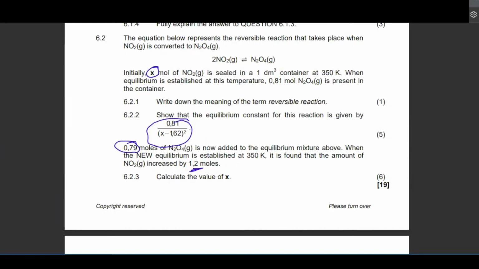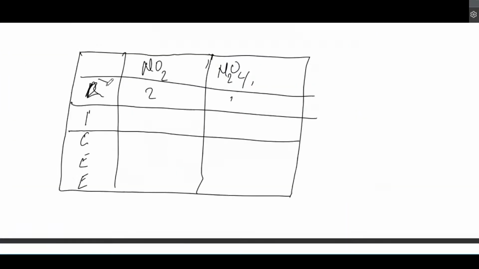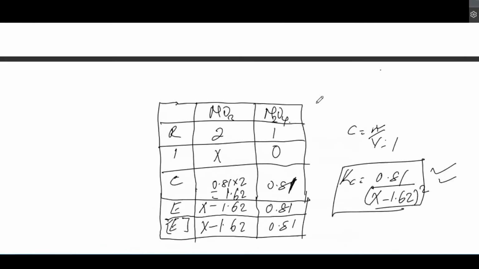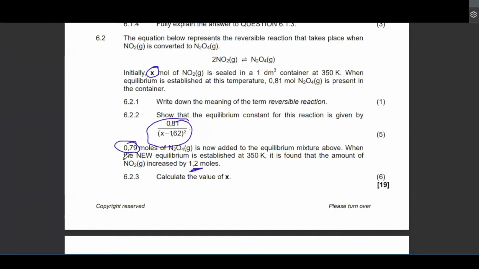So when I go back to this which was at equilibrium, I have to add 0.79 because they said 0.79 was added when the mixture was at equilibrium.